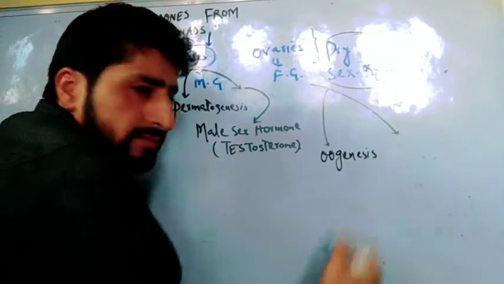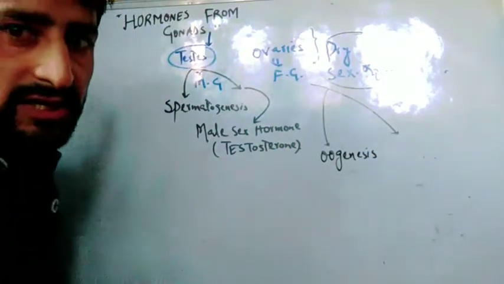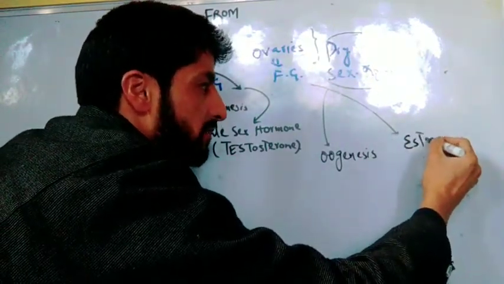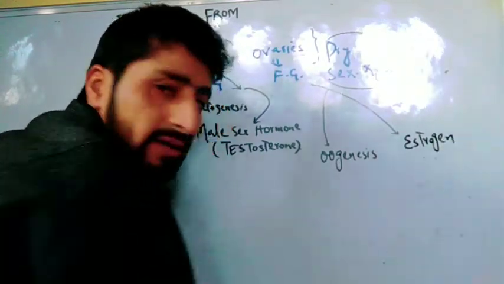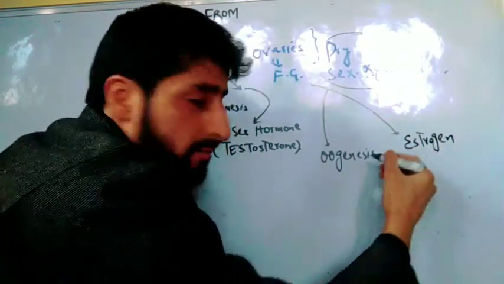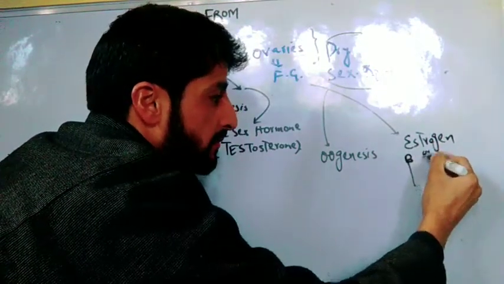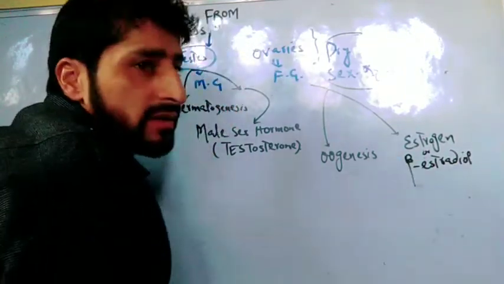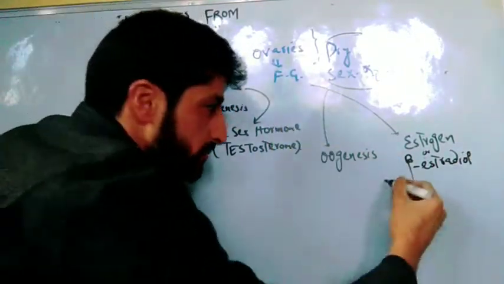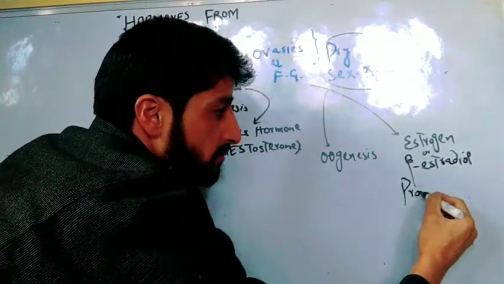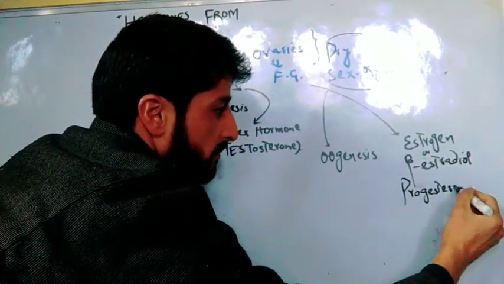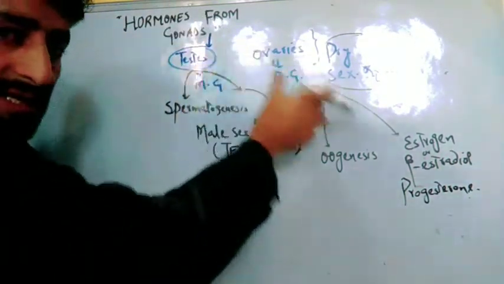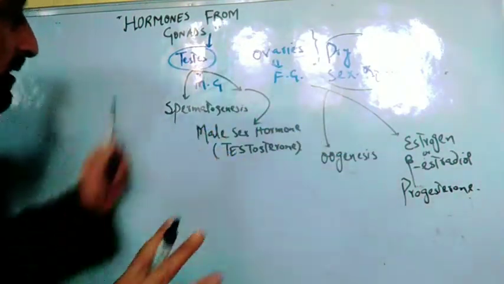And second is formation of female sex hormones, for example, estrogen, which you also call by a second name, beta estradiol. And the second hormone produced by these ovaries is progesterone.